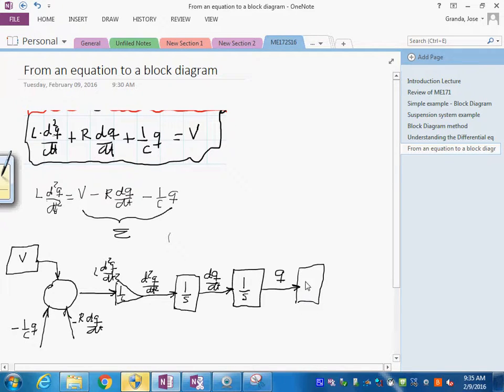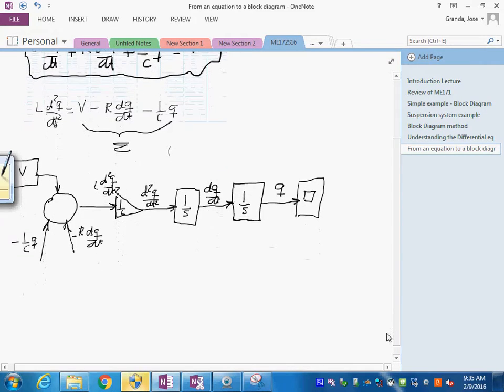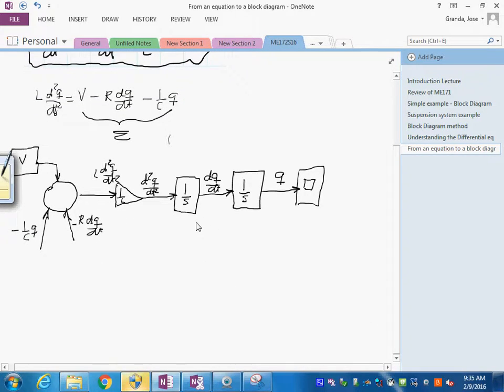This one is by 1 over C. If you go in here and you do exactly that, 1 over C, you complete this one here. And you see, in a very simple way, without much difficulty, we were able to generate a block diagram. The important thing is how do we transfer this to the block diagram and do the simulation.